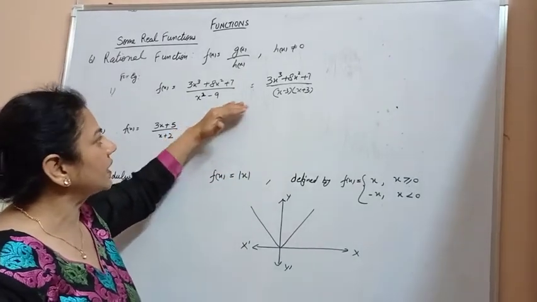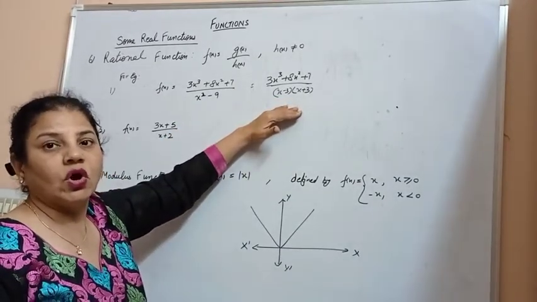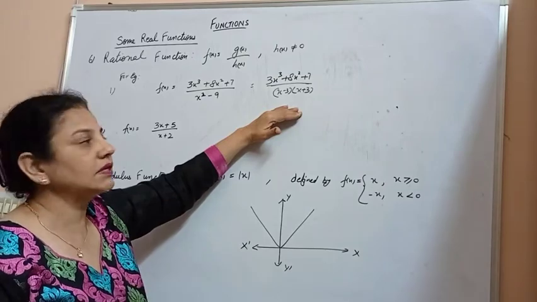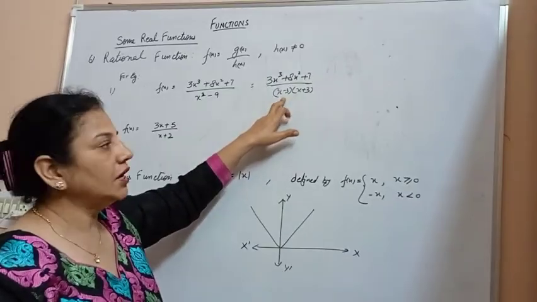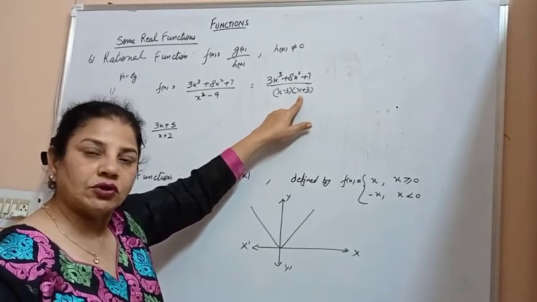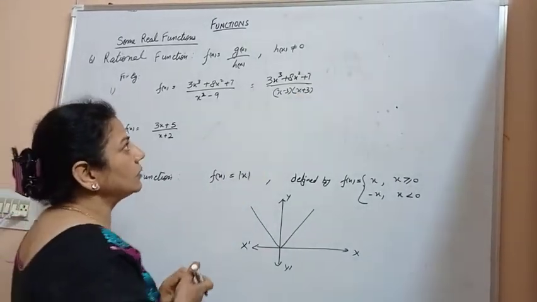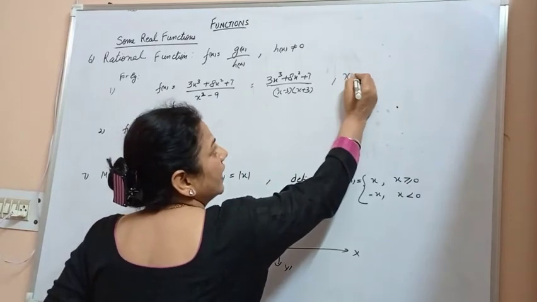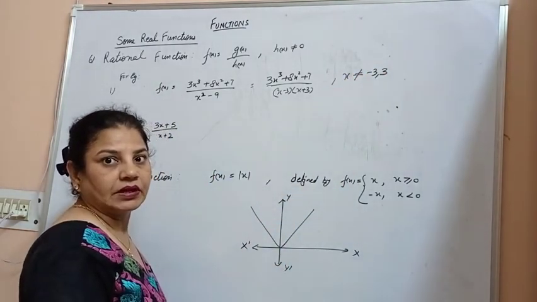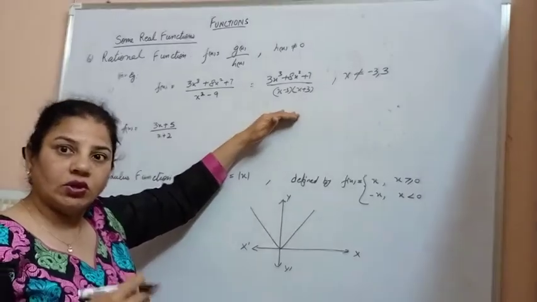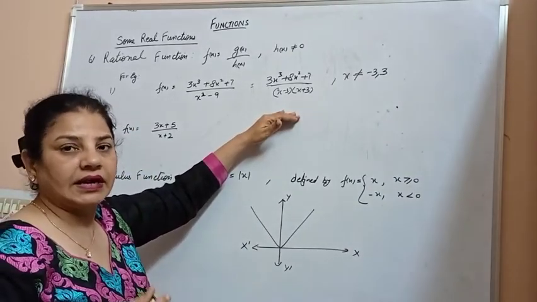I have factorized this so that I get the value of x as 3 and minus 3, because if I put the value of x as 3, the denominator becomes 0. If I put the value of x as minus 3, again the denominator becomes 0. So x cannot take the values minus 3 and 3. x can take all the values except minus 3 and 3.